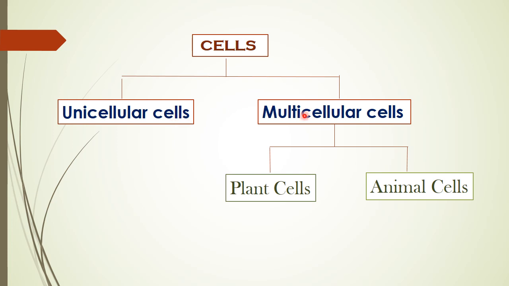Whereas multicellular organisms are made up of many cells. Functioning of multicellular organisms is more complex as compared to unicellular ones. Examples of multicellular organisms are plants and animals.